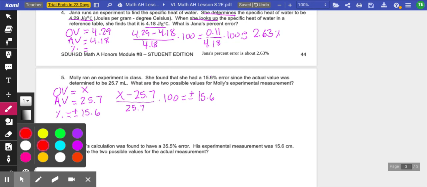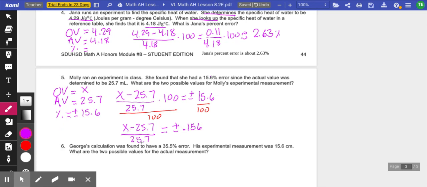So I'm dividing both sides by 100. So when I do that, I have x minus 25.7 divided by 25.7 equals, don't forget the plus or minus, 0.156. Then I still want to clean up the x, so I'm trying to get the x alone.